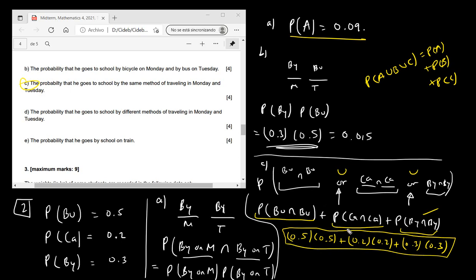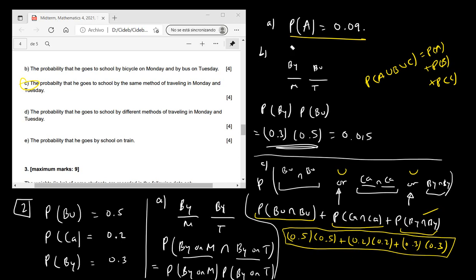Okay, that's this question, and it was a little tricky. Now D, I think this one is a little trickier. The probability that he goes to school by different methods of traveling on Monday and Tuesday. No, this is actually quite simple.